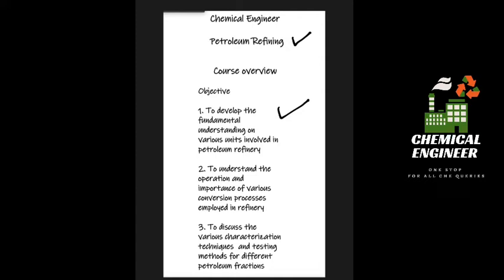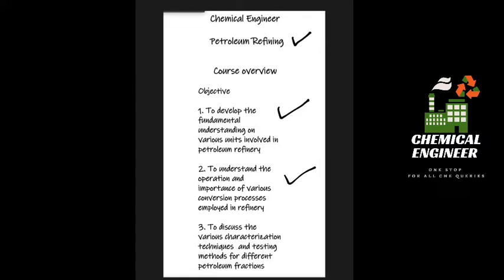We will start with what a refinery is, how it looks, and first see the flow sheet of petroleum refining, and then we will study each component of the refinery. Then we will try to understand the operation and importance of various conversion processes employed in the refinery, that is, various processes for conversion of petroleum to different products.